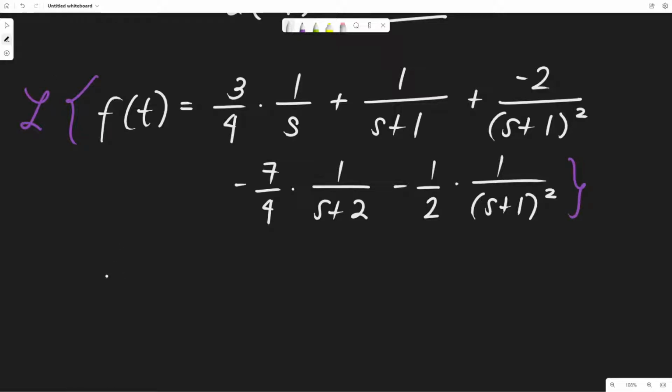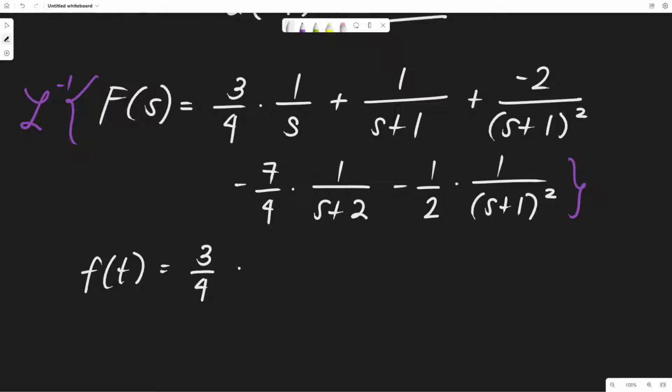Okay. So, we have here f of s. Sorry, mali. This is f of s. So, ang kukunin natin is the inverse Laplace. So, f of t is equal to 3 over 4. What is the Laplace transform of 1 over s? Diba? That is 1.